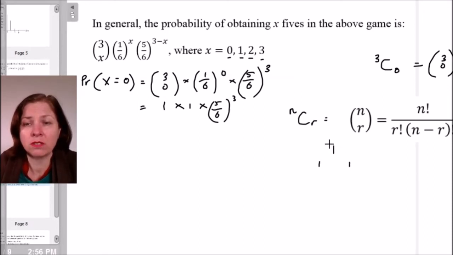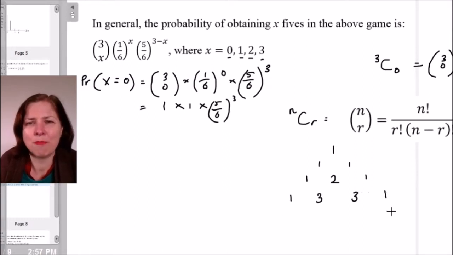Pascal's triangle starts with a 1, a 1, and a 1, and then I just add the rows. So 1 plus nothing gives me 1, 1 plus 1 gives me 2, 1 plus nothing gives me 1. Keep adding, put a 1 on the outside, 1 and 2 gives me 3, 3, and 1. And that's the pattern that I've got here, because it's my 4th row, and I've got 4 outcomes here. My next row would look like this: 1, 4, 6, 4, 1.